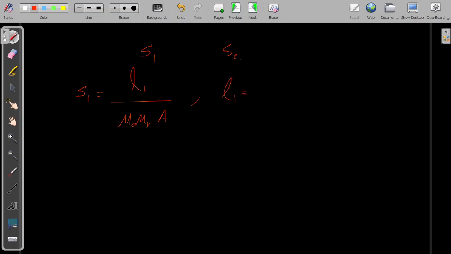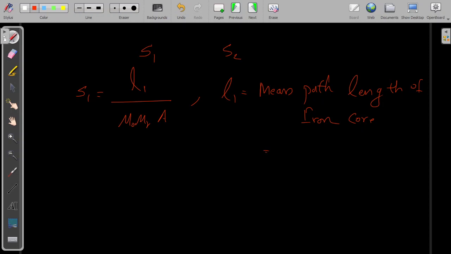L1 is the mean path length of the iron core.